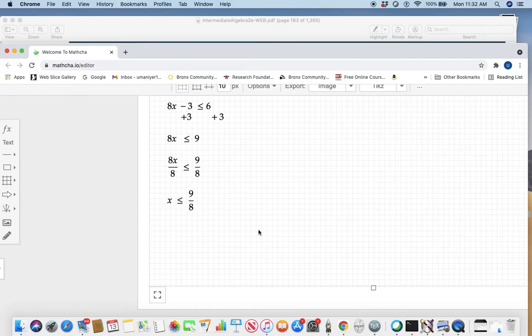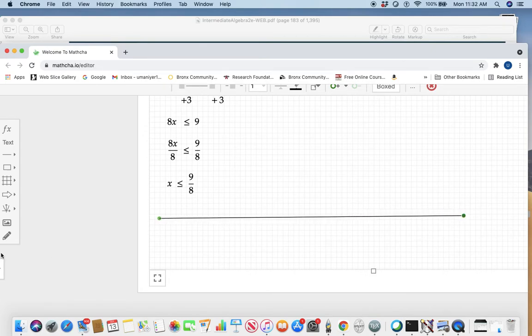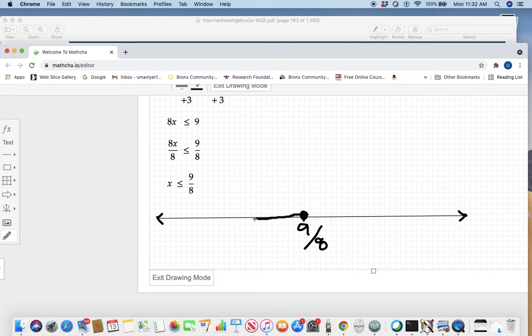Once you have done this, we can draw the graph of the solution. Remember, how do you graph an inequality? First, a number line. You have 9 over 8 somewhere here. It is less than or equal to, so it's a filled-in point, and there is no stopping it going to the left.